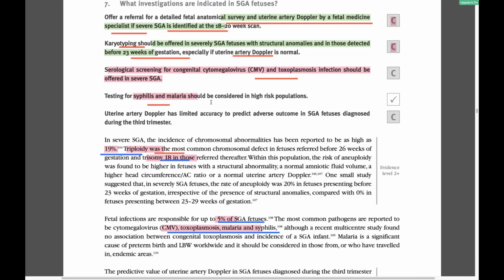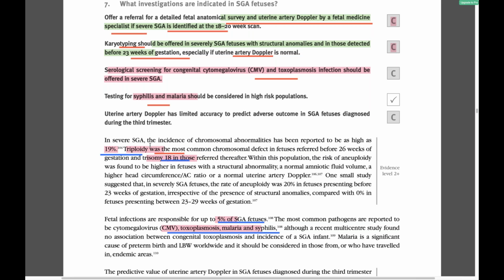Then in a high risk population, what testing more is required? Syphilis and malaria. Now in severe SGA baby, what is the percentage of chromosomal abnormalities? You will find a question from here. 19%.